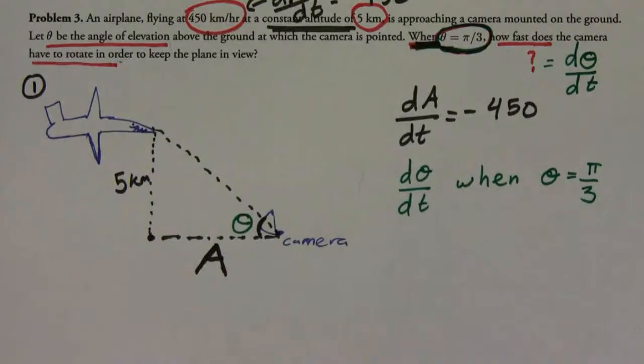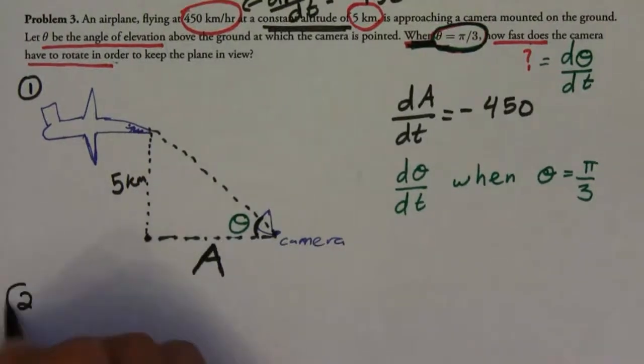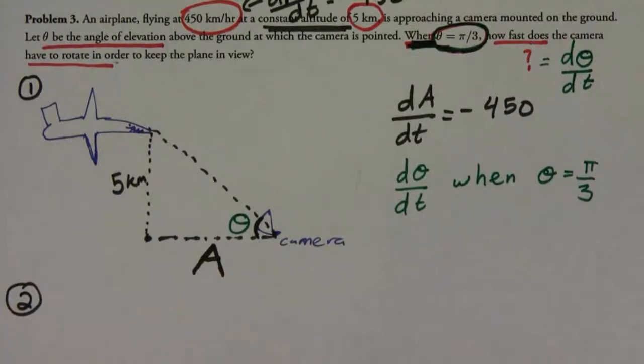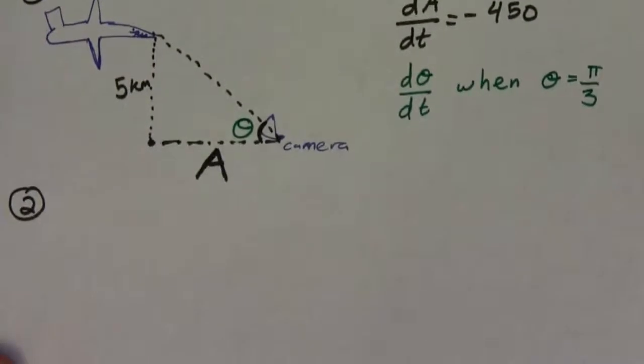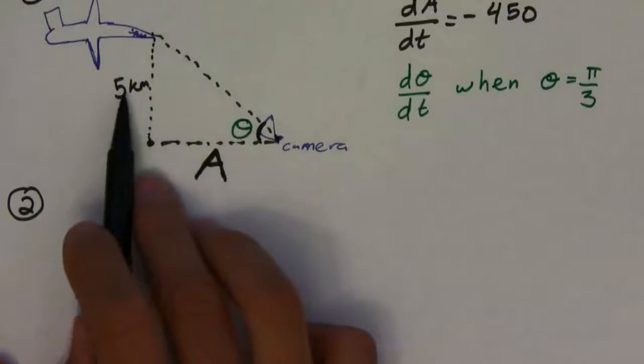Okay, then you move on to step 2. So remember, step 2 is finding a formula that relates all of your information. And so here, notice you have an angle.